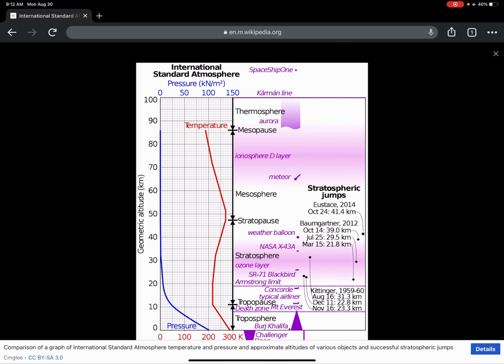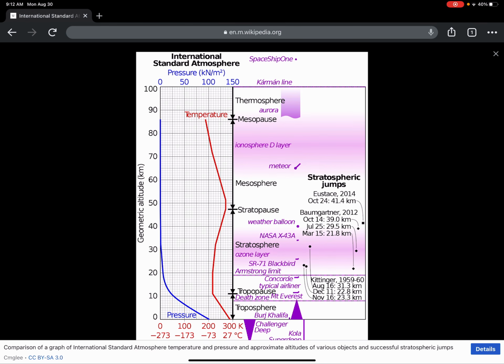There's not a whole lot of difference between geometric and geopotential, as we'll see here in a moment, but anyway, you can see that the temperature basically consists of a bunch of straight lines, and this is how they've defined this standard atmosphere. They've taken straight lines and fit it to a temperature profile. And once you know the temperature profile, you can actually, from our differential equation, back out what the pressure is as a function of altitude.